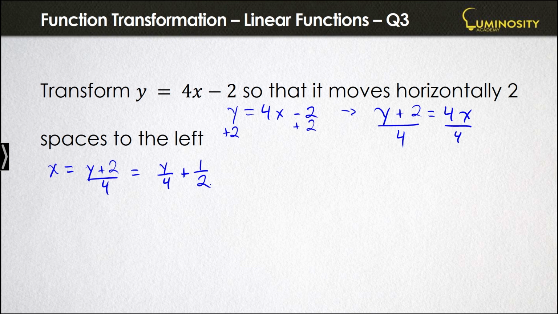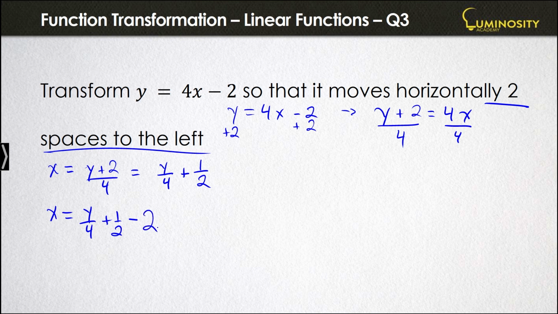Now, we are looking at our instructions to move this 2 spaces to the left. So if we're moving it to the left, we need to subtract. So we have x equals y over 4 plus 1/2 minus, and here we're going to subtract 2.